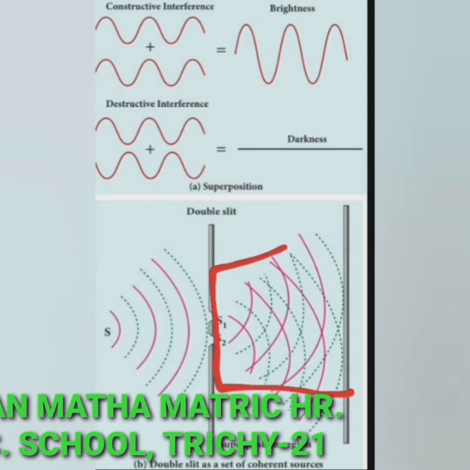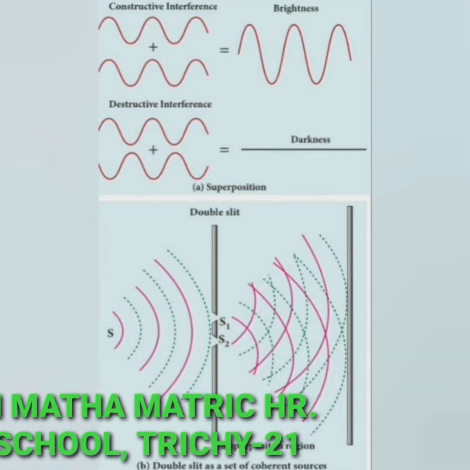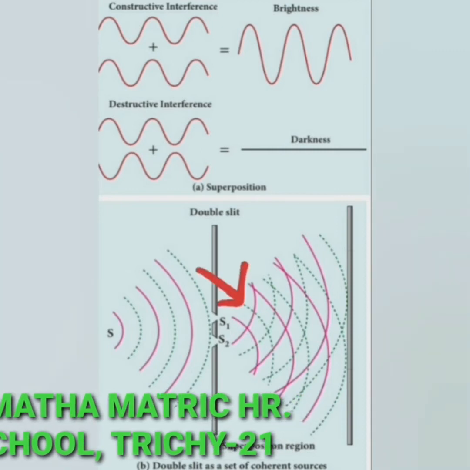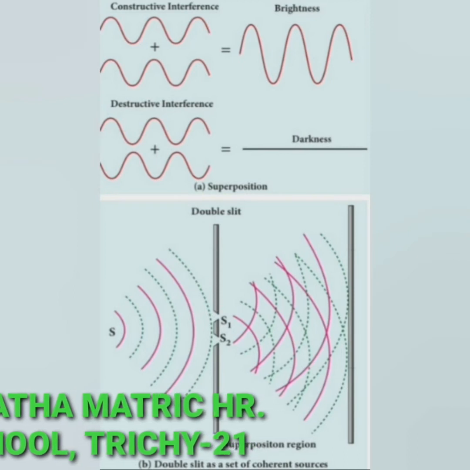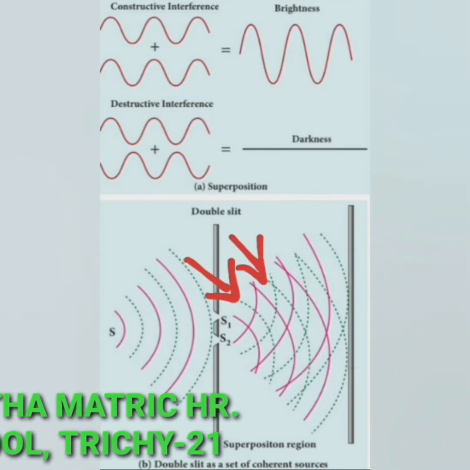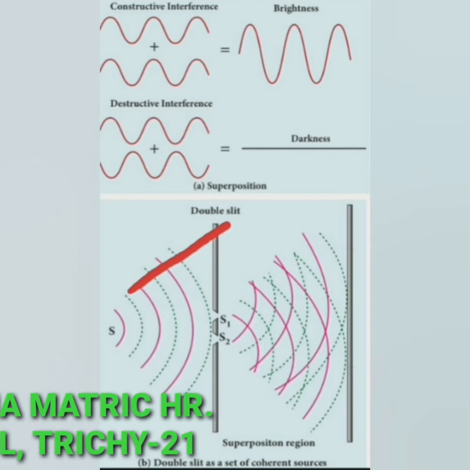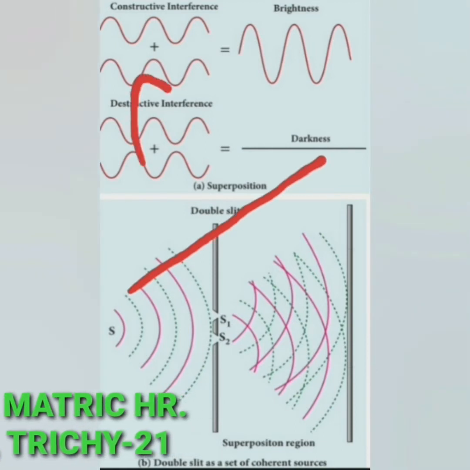So in this diagram, the crests of the waves are shown by thick continuous lines, and the troughs of the waves are shown by broken lines. The continuous lines in pink color represent the crest of the wave.